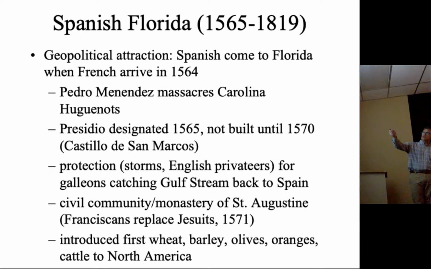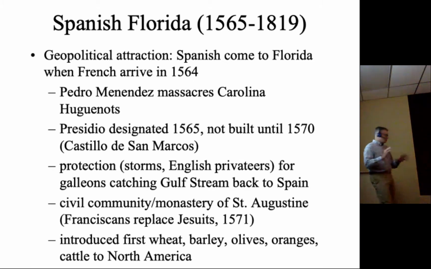All right, so anyway, let's go back to Spanish Florida. Why did the Spanish establish a place in Florida? It has to do with geopolitics. Geopolitics were driving the Spanish around North America. They were primarily concerned, of course, with the Caribbean islands.